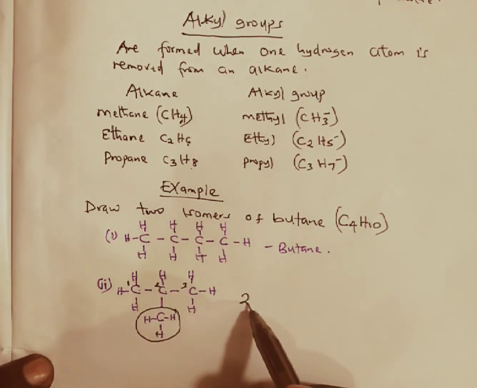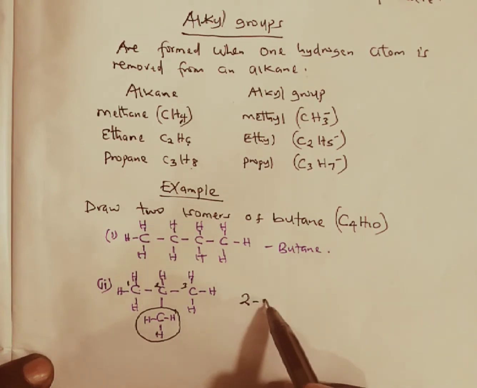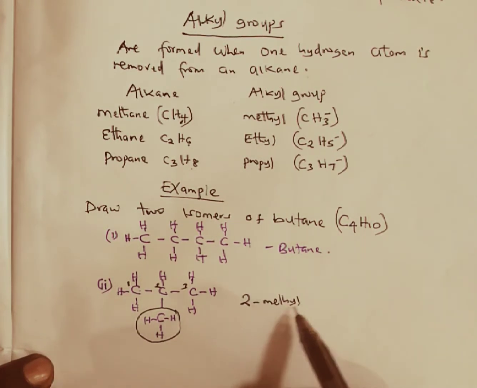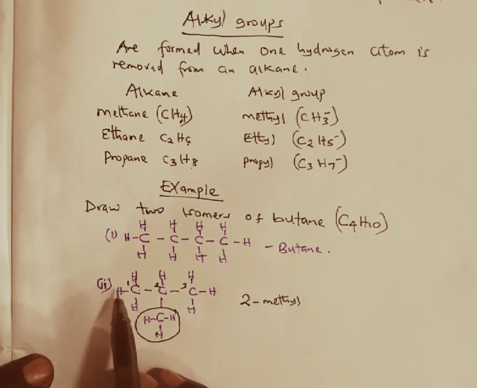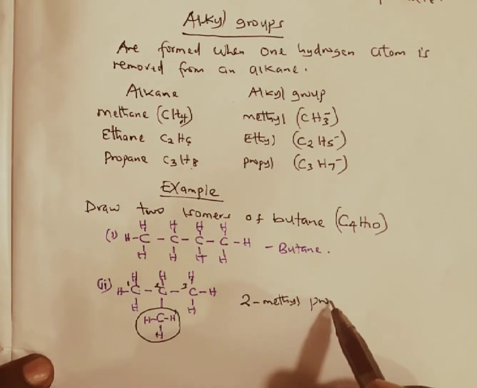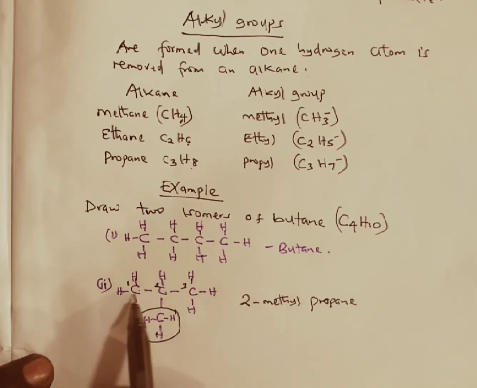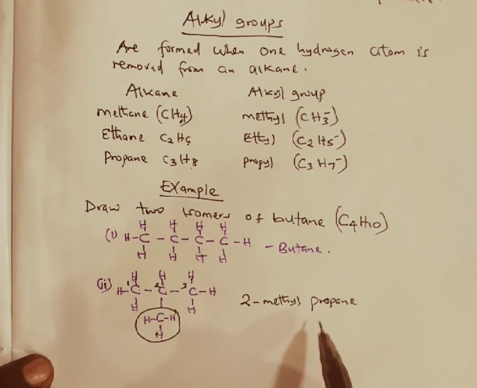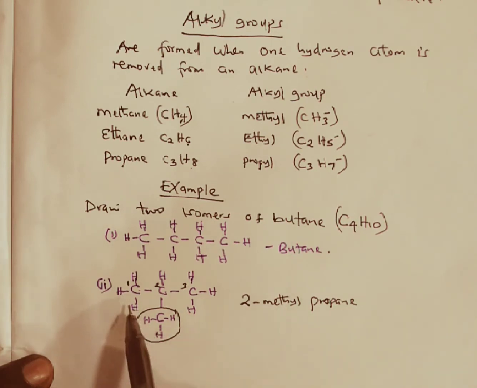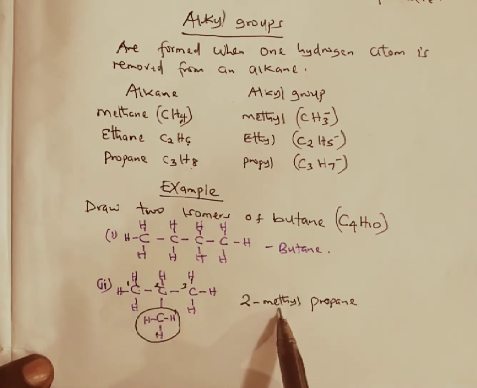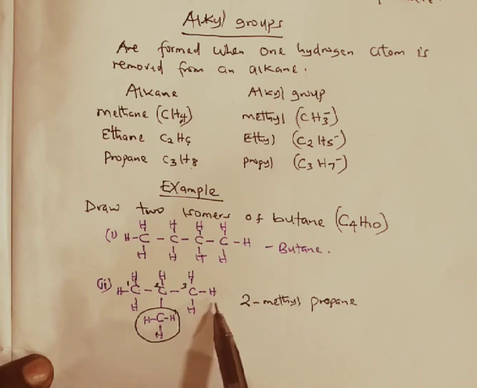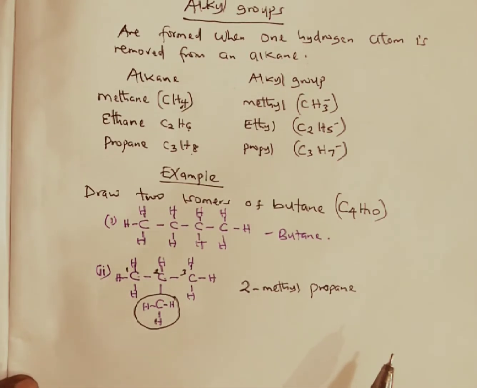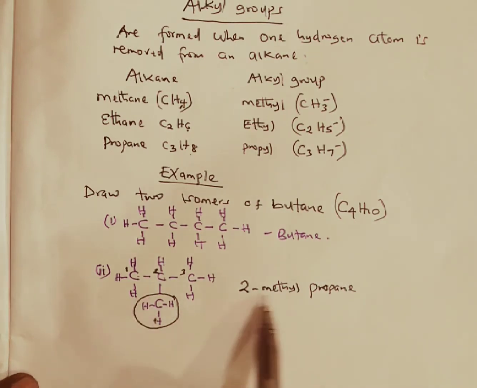This means in carbon number 2, we have a branch known as a methyl, but the parent name is propane, looking at the number of carbon atoms in the longest continuous chain. So the name of the compound is 2-methyl propane.